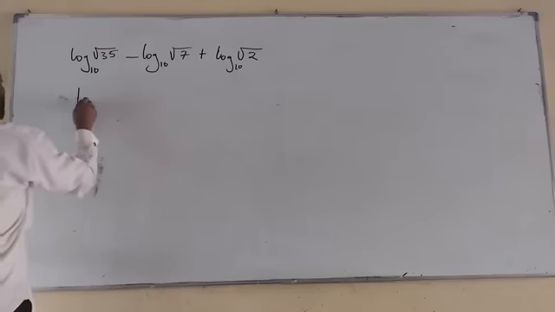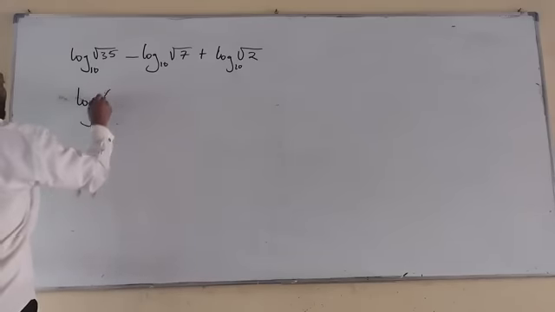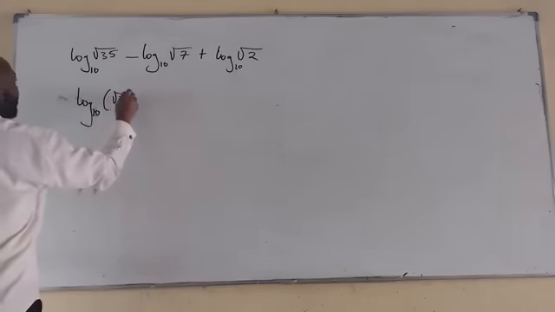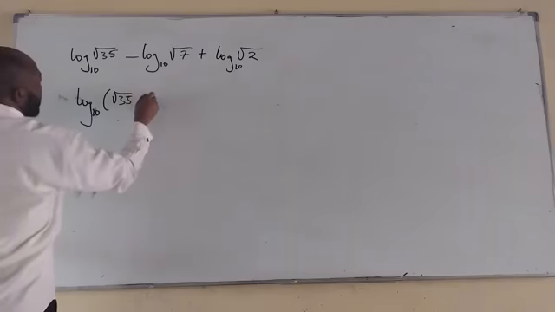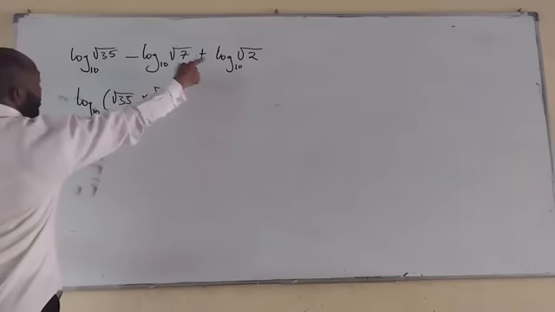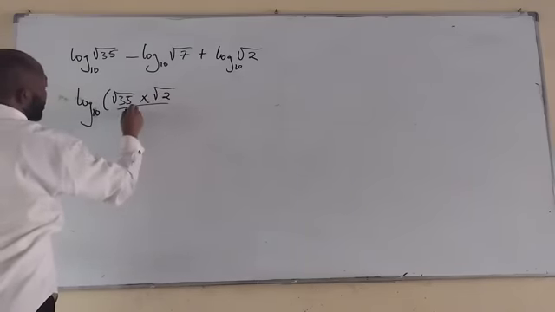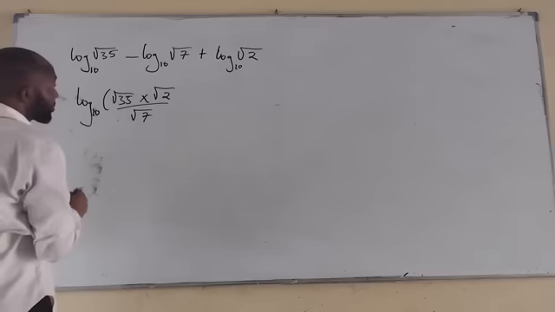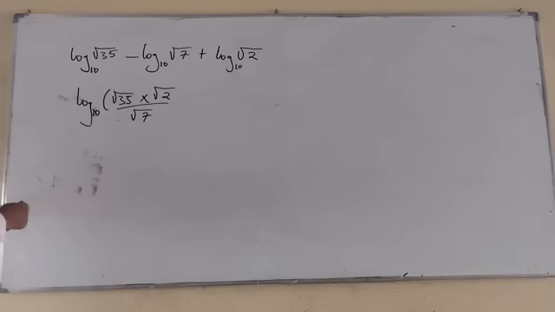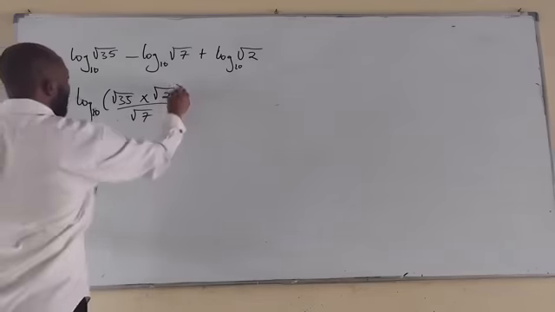We have our common log in base 10, open bracket, the root of 35 times the root of 2 divided by the root of 7. So the same, we close our bracket.